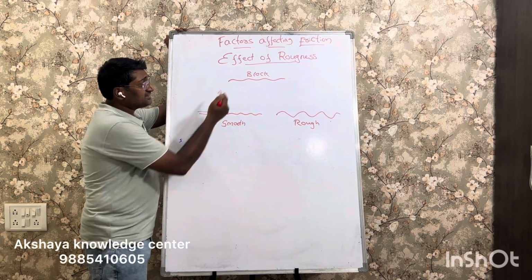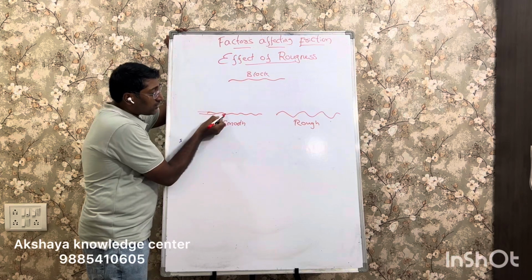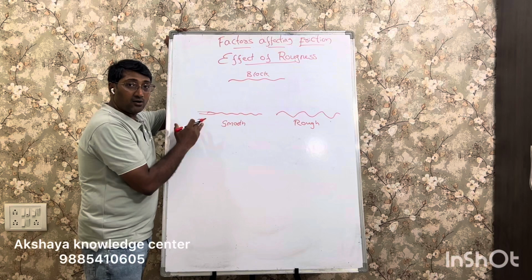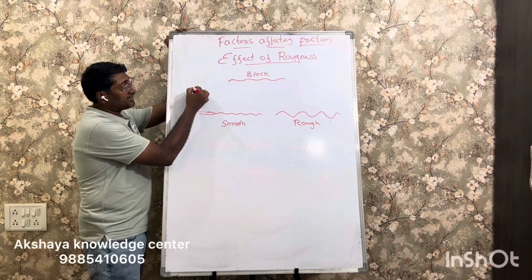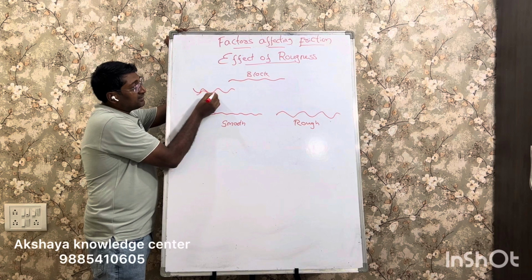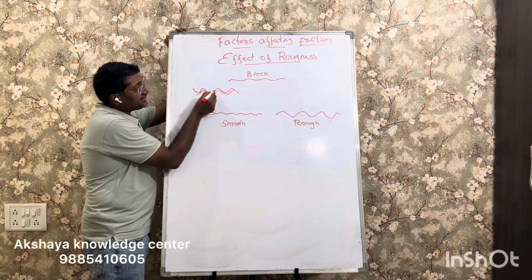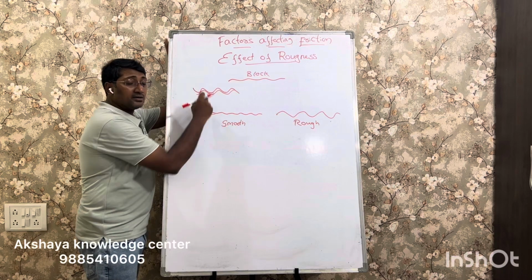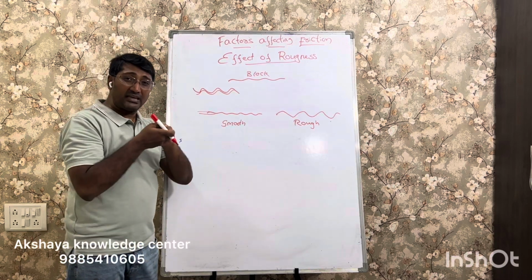And the second thing is, when this one gets in contact with the other one, there is a possibility of interlocking. What I mean by interlocking is, let's imagine this is the first one and this is the second one. There is a chance that one might get locked inside the other. If the locking is deeper, then separating them would be very, very tough.